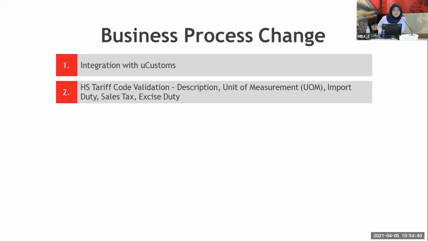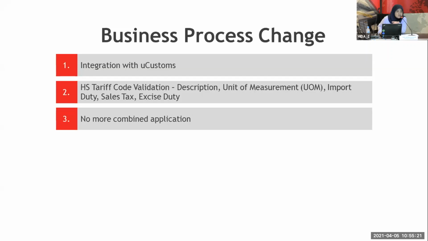Once you key in at least the first 5 digits of the HS tariff code, the system will populate the description, unit of measurement, import duty value, sales tax value, and excise duty value if applicable. Based on PDK 2017, this information will be populated for you, so you don't have to key in. The company only has to key in the tariff code, at least the first 5 digits, and all this information will be populated accordingly.